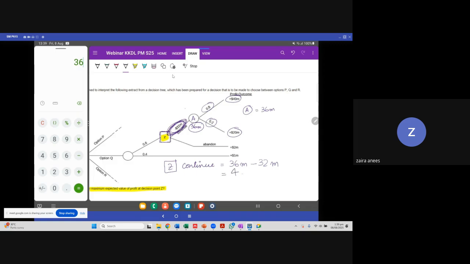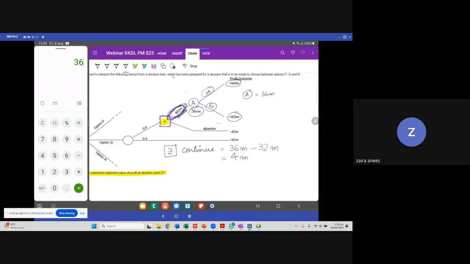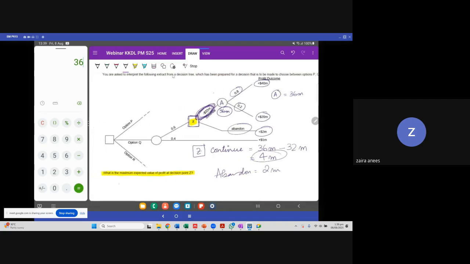So that will give us benefit of 4 million. The second option is we don't continue, we should abandon it. If we abandon it, the benefit will be 2 million. So clearly what we will decide to go for it for 4 million, continue. So answer will be 4 million, right?